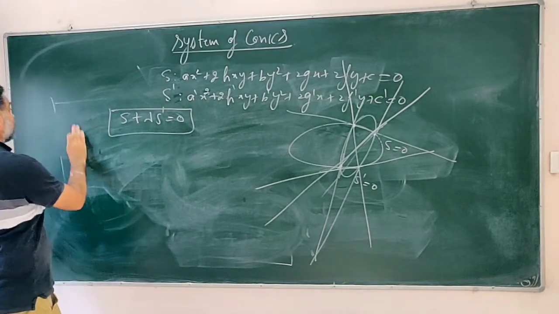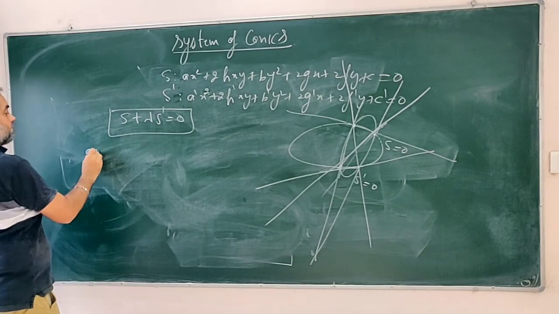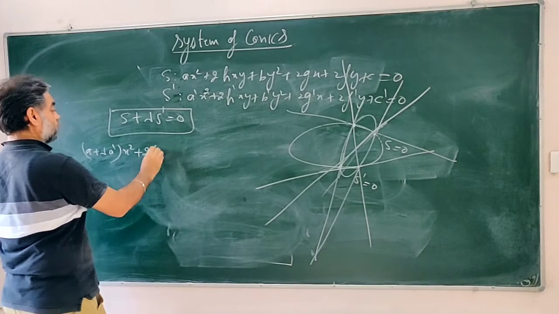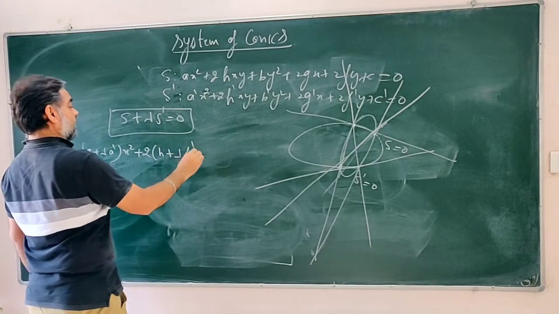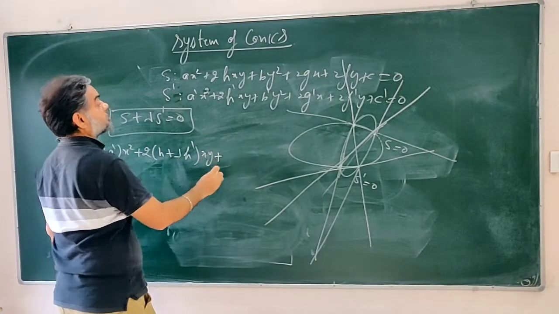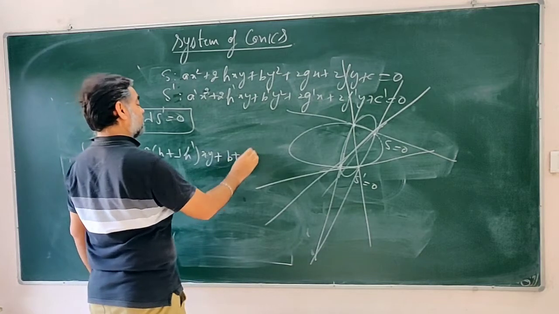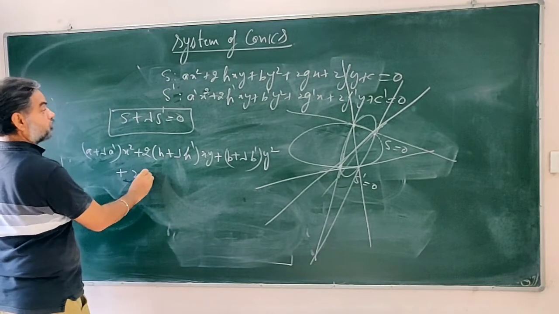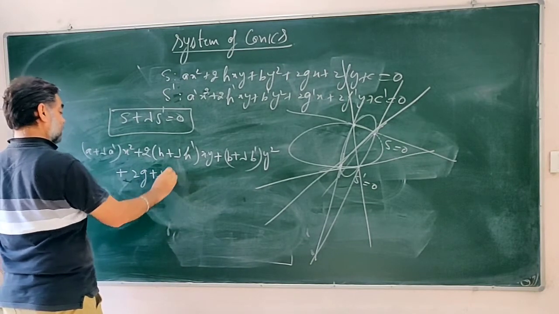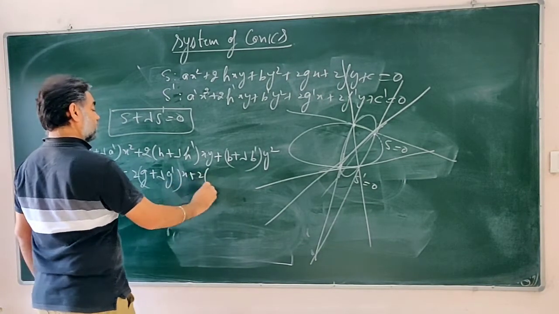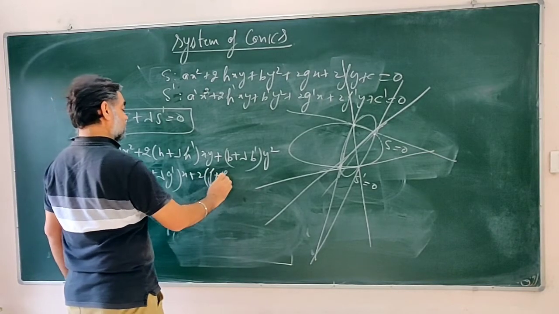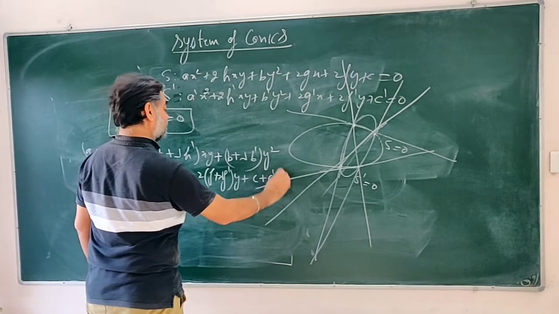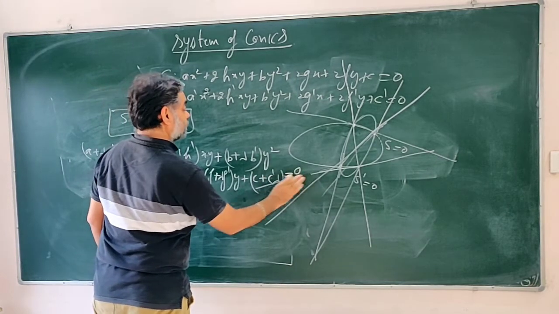So this equation can be written as (a plus lambda a dash)x square plus 2(h plus lambda h dash)xy plus (b plus lambda b dash)y square plus 2(g plus lambda g dash)x plus 2(f plus lambda f dash)y plus (c plus lambda c dash) equal to 0.